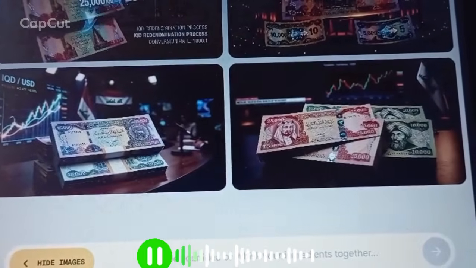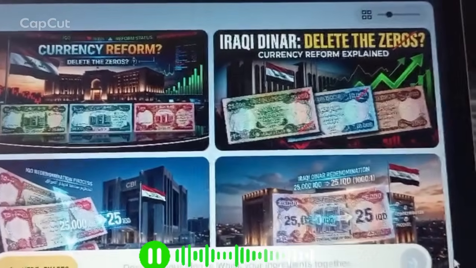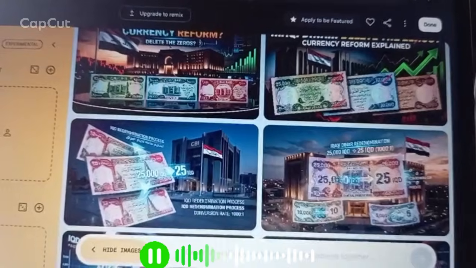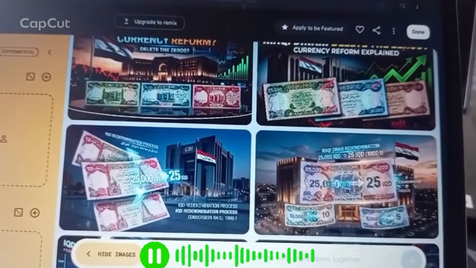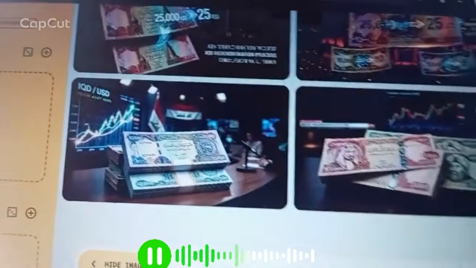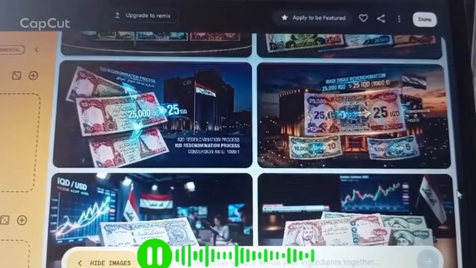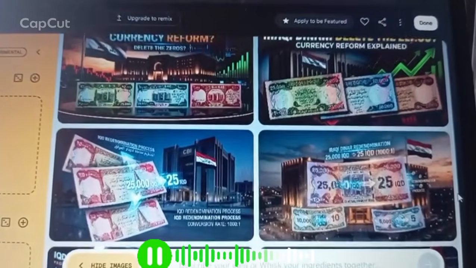Another major question is whether removing zeros would require Iraq to print entirely new banknotes. In a conventional redenomination, the answer is generally yes. New denominations would usually be introduced at some stage, because the public needs physical notes that correspond to the new unit.